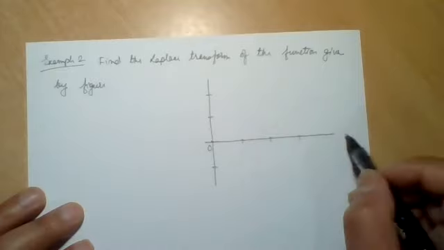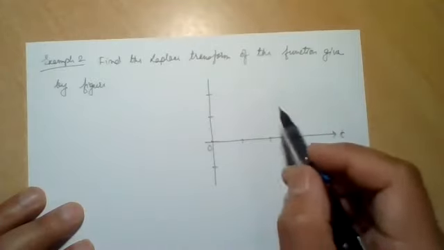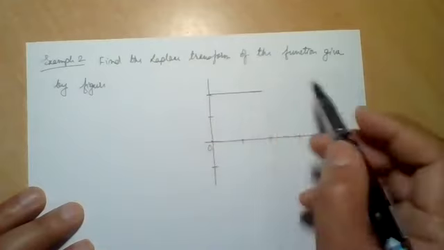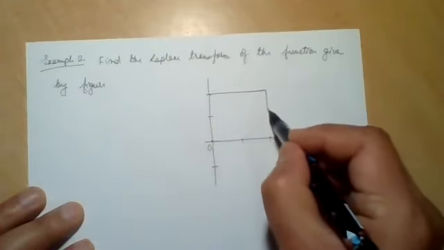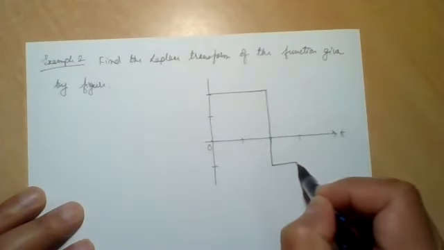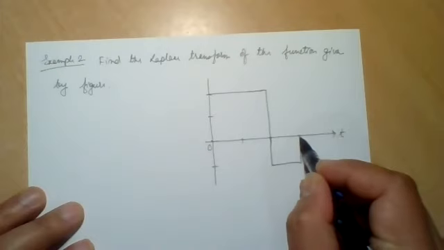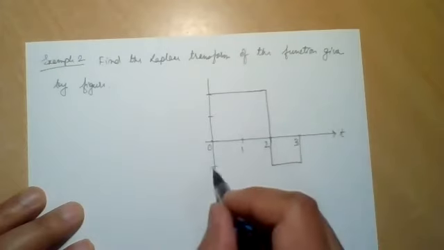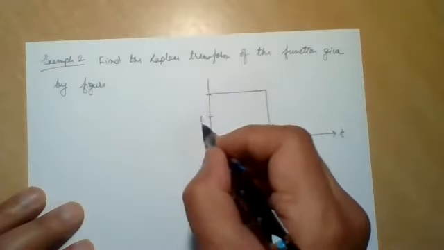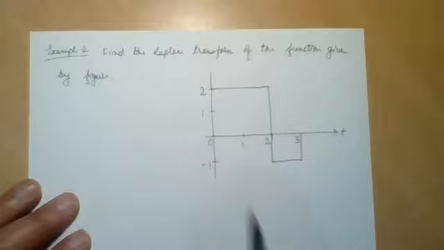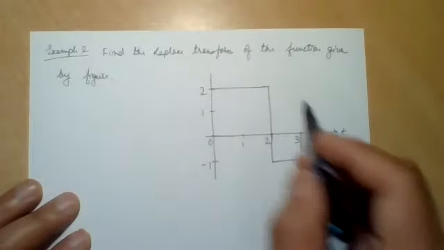So for values of t from 0 to 2, its value is 2. And from 2, it reduces to minus 1, and then goes like this. This is the graph of the function.